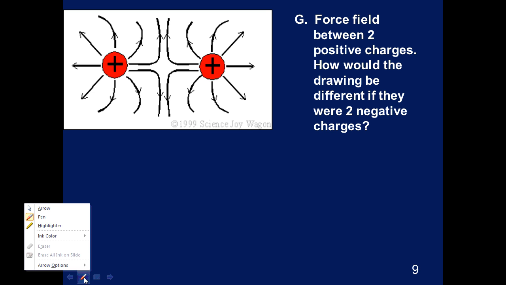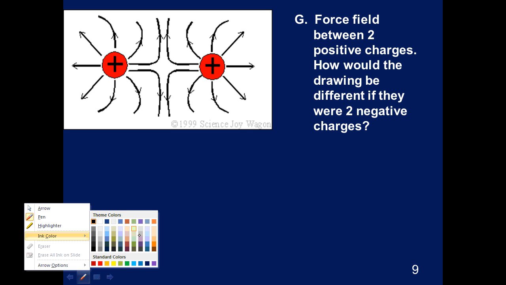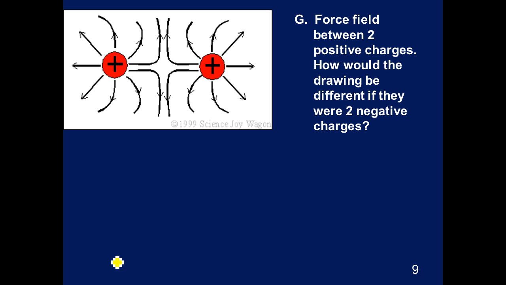What would it look like if they were both negative? If I had negative, negative, a positive charge would be pulled inward. A positive charge over here would be pulled inward. If it's up here, it's going to be pulled towards this one on the left, but more towards this one on the right.